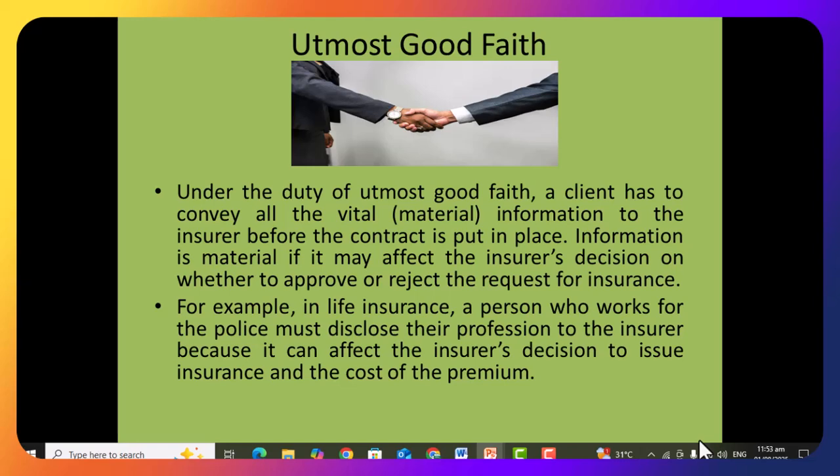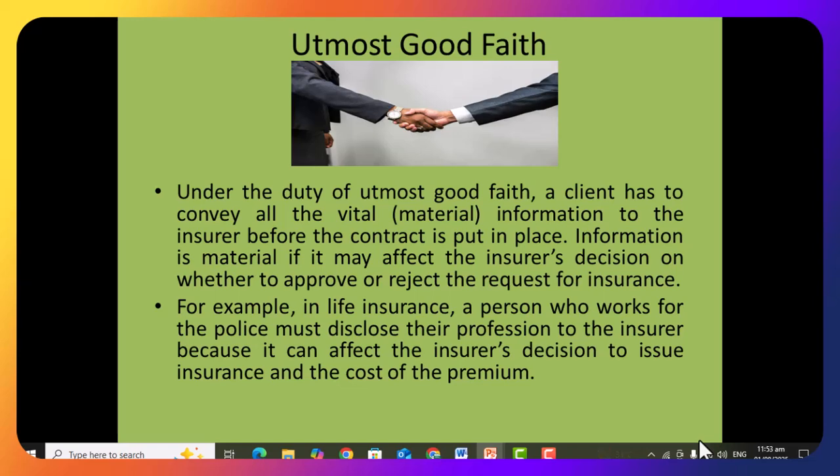If the client doesn't disclose it, the insurance company will consider him a healthy person, approve his insurance request, and fix the premium of a healthy person.